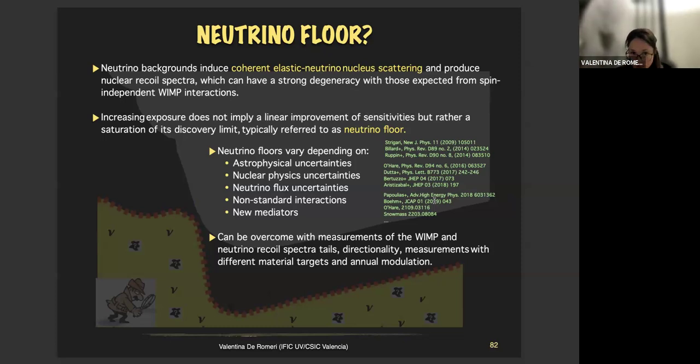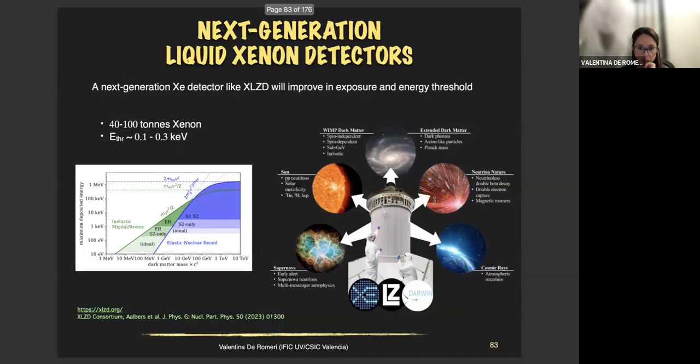I will not enter into details on this because it would be another seminar, but let me just mention concerning these backgrounds for direct detection experiments that future detectors, like the one proposed by the XLCD consortium, aim at improving dramatically in exposures and in threshold.